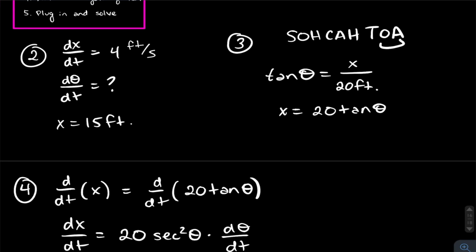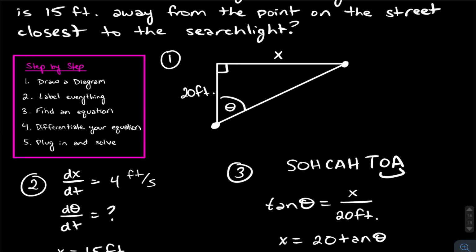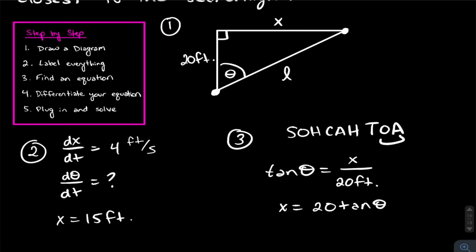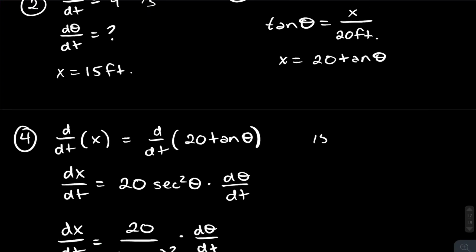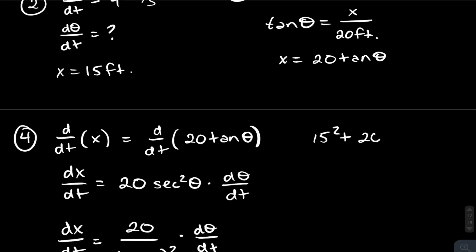Okay, so what we're going to do, we know the cosine is adjacent over hypotenuse, so we'll need the hypotenuse here. We'll call that L. Okay, we know that x is 15 feet. So if we write the Pythagorean theorem out, we know that 15 squared plus 20 squared, that's the other side, and then the hypotenuse is L squared.